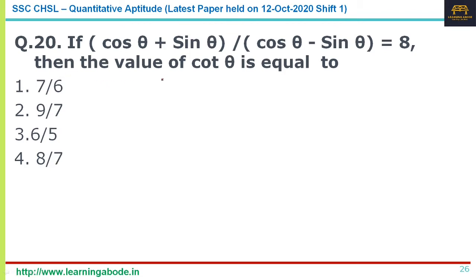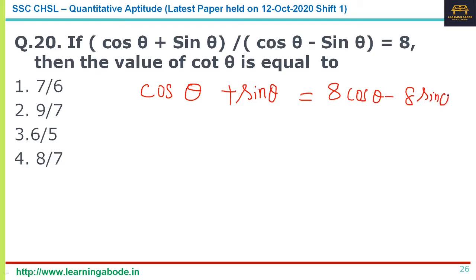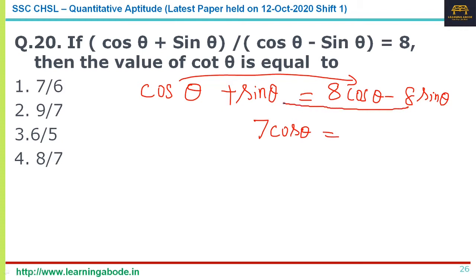From the given equation we can write cos theta plus sin theta is equal to, taking the denominator to the other side, 8 cos theta minus 8 sin theta. Which you can write as 7 cos theta equal to 9 sin theta.